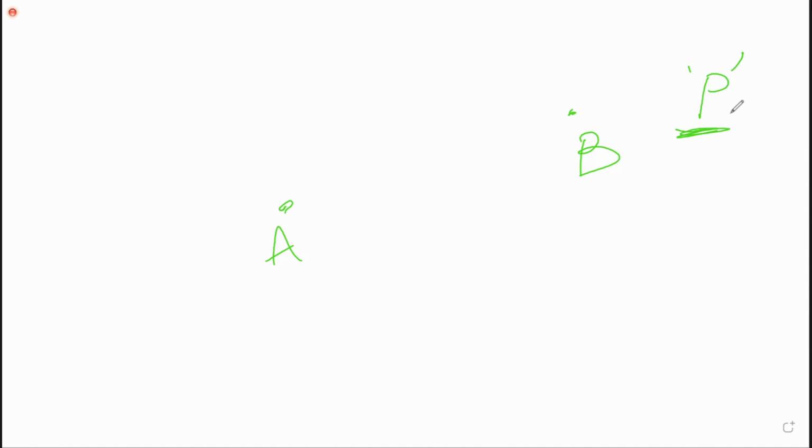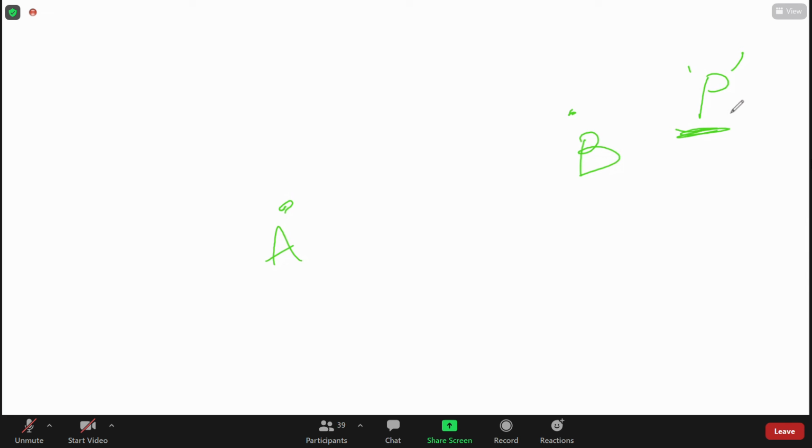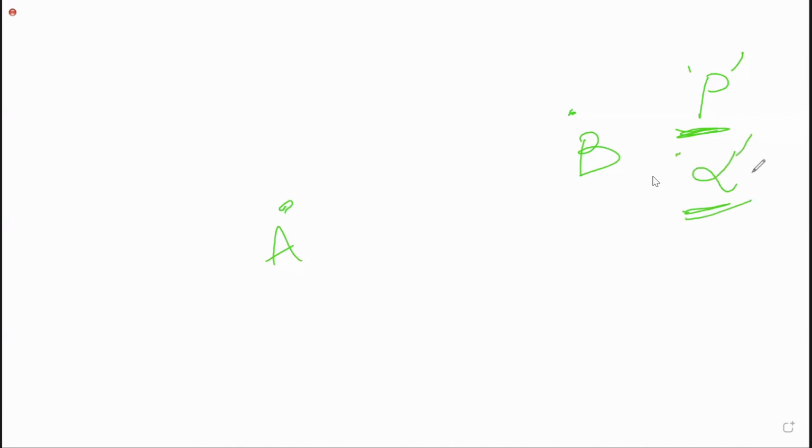After choosing the prime number, the receiver is going to consider the primitive root, which is alpha.